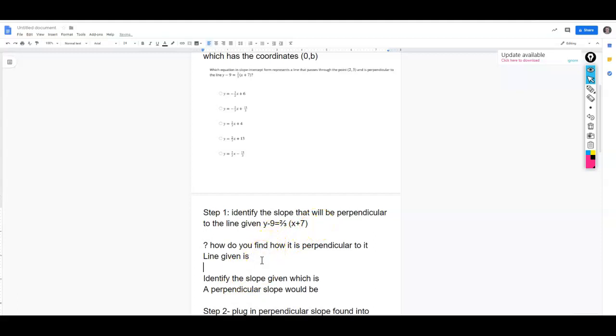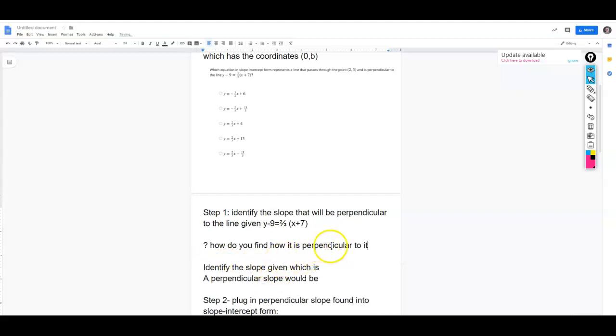So the same question applies. How do you find out how it is perpendicular to it? First you have to identify the slope given. Correct, because this is in point-slope form and this is always where the slope sits.